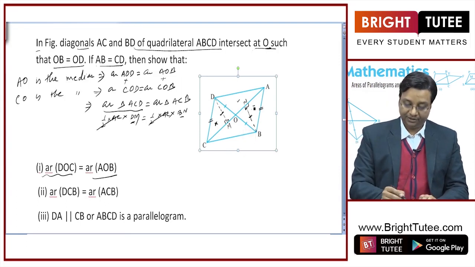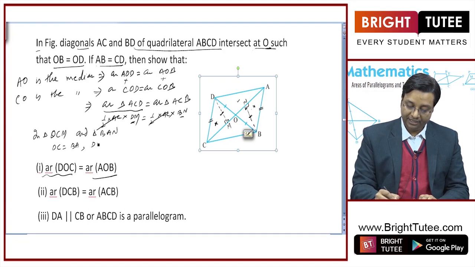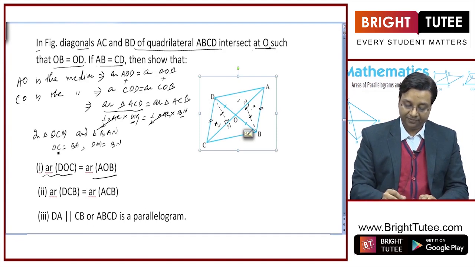Yes. So I will make this statement here, that in triangle DCM and triangle BAN, DC is equal to BA, DM is equal to BN, and angle DMC is equal to angle BNA.